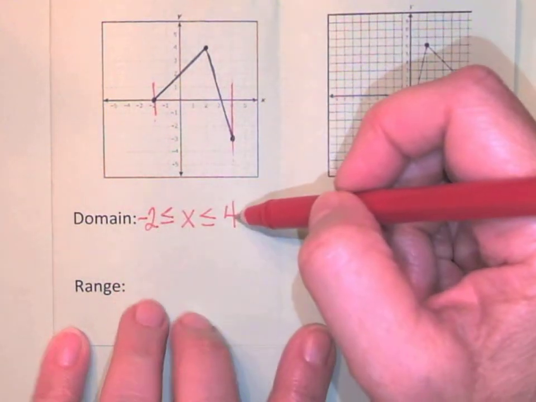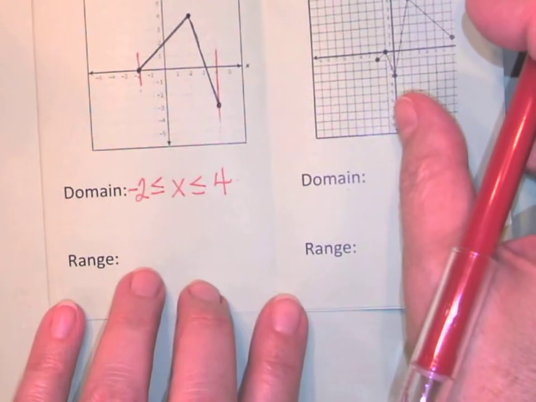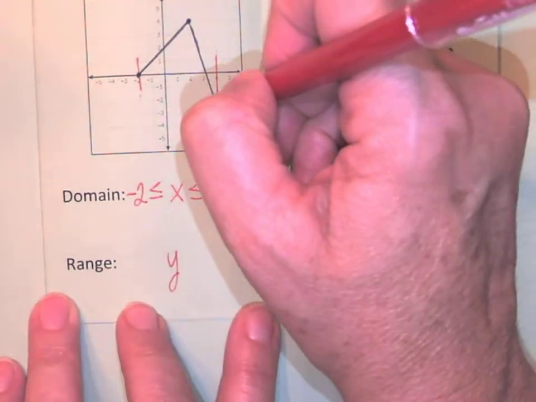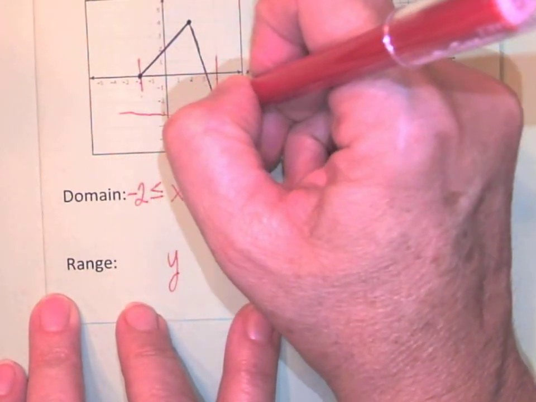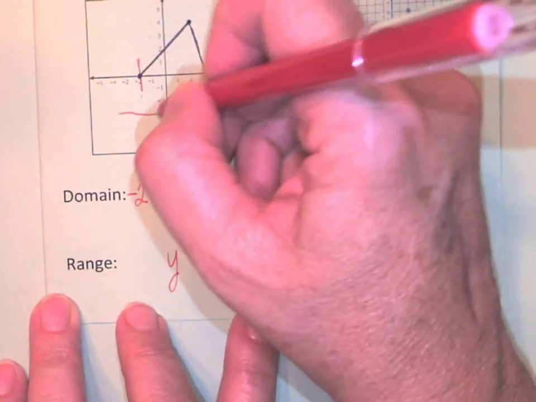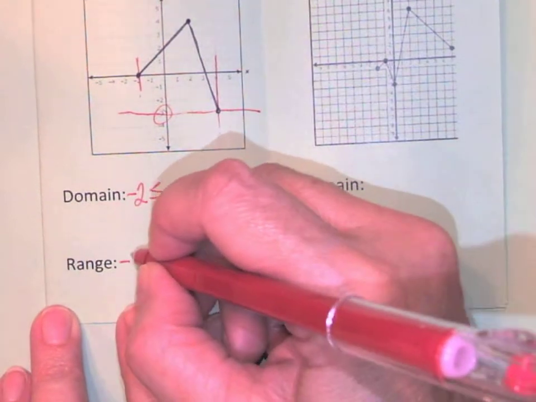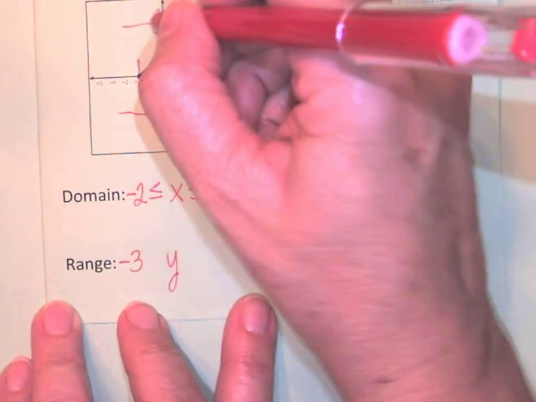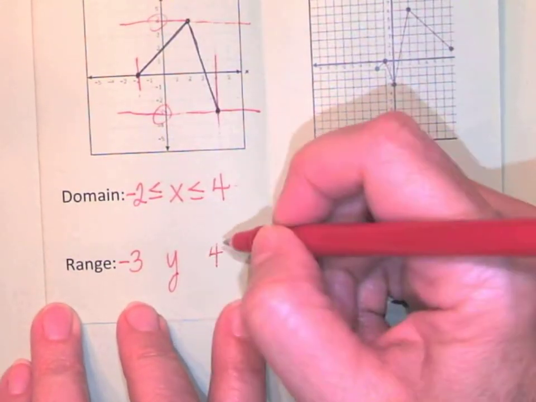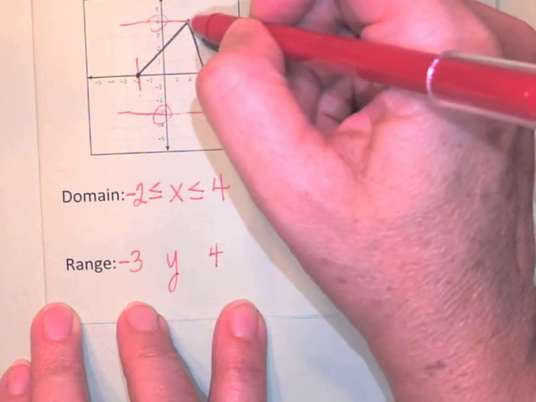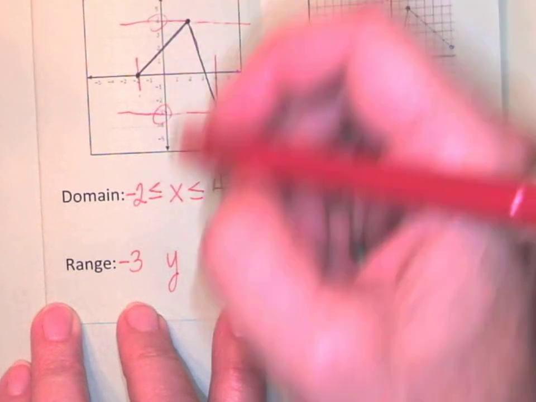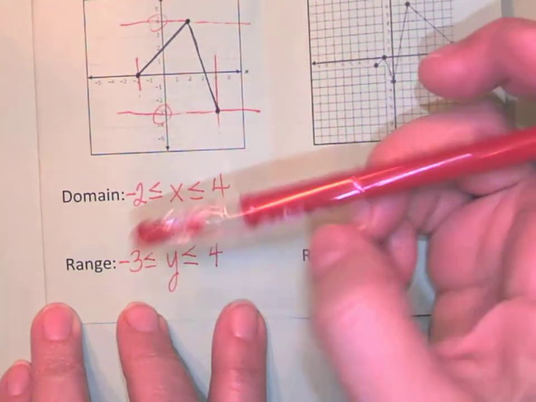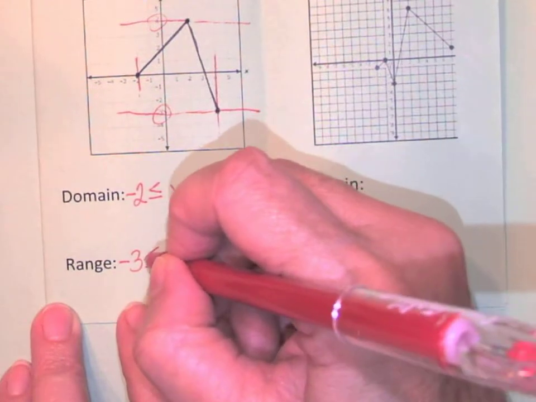So let's talk about our range. Our range is our y values. The lowest that y ever gets is negative 3, and the biggest that y ever gets is positive 4. So all of the y's on this graph fall between negative 3 and positive 4. So we would write it like this.